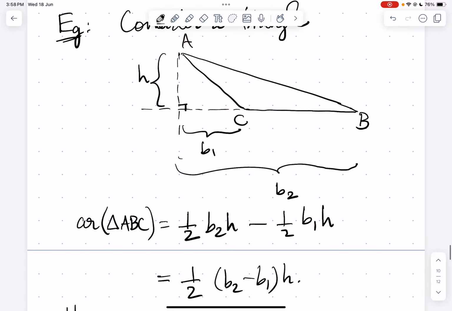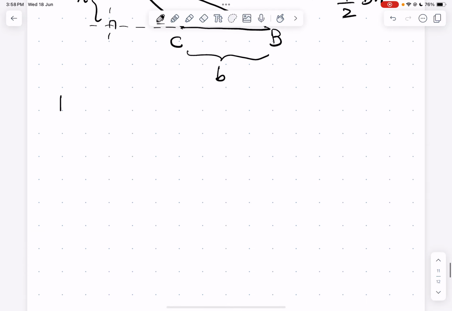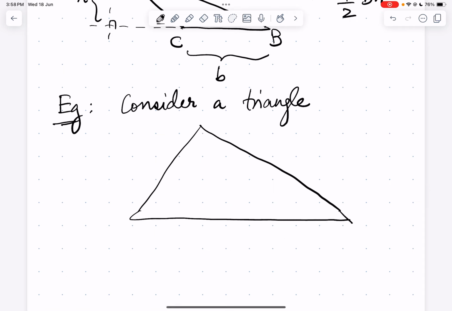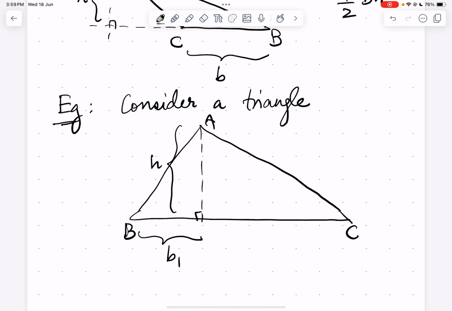So we can consider another situation, another configuration. Consider a triangle where the height is H and this length is B1 and this length is B2.